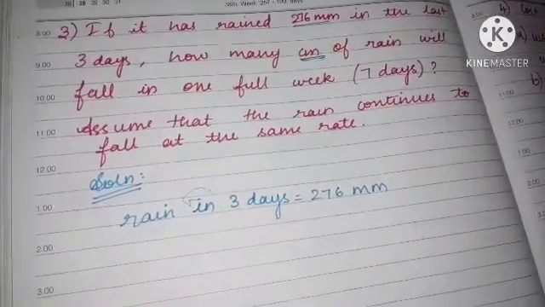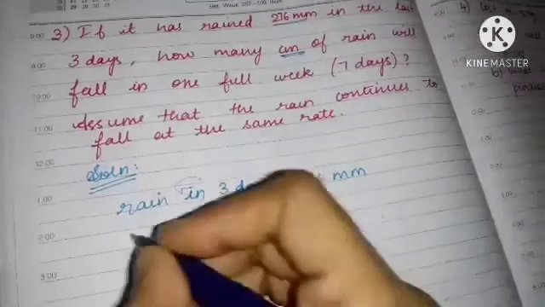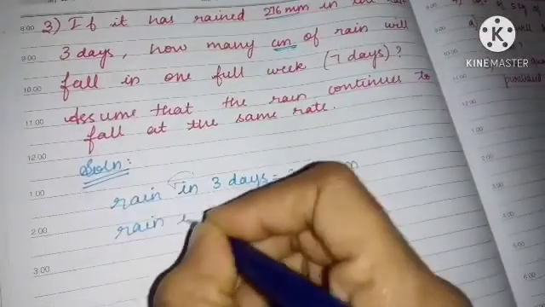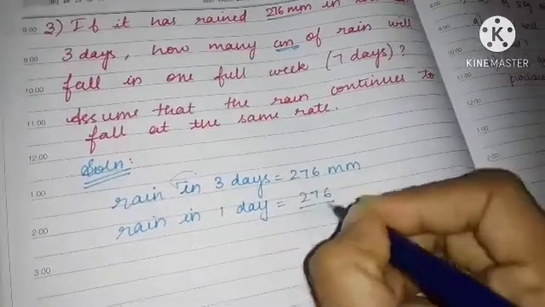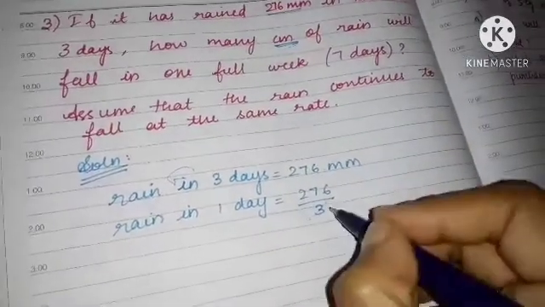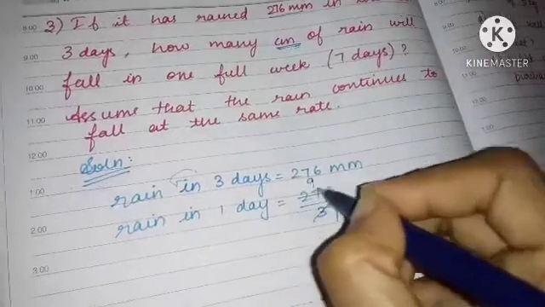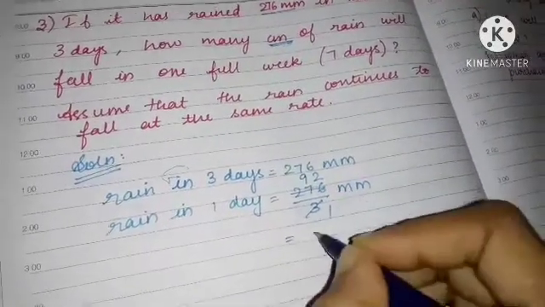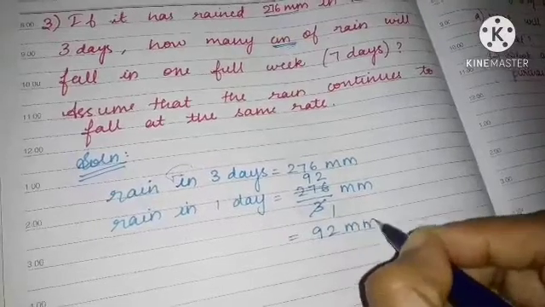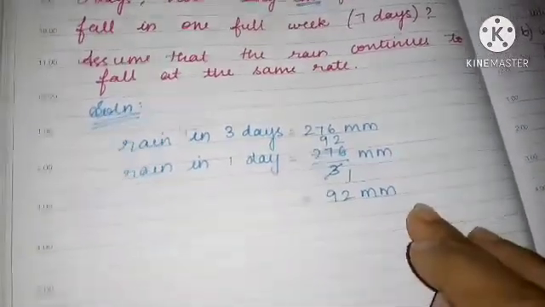So if you want to find the rain in 1 day, rain in 1 day is equal to 276 divided by 3. 3 ones are 3, 3 nines are 27, 3 twos are 6. So in 1 day, how many millimeter rain is he getting? 92 millimeter rain he is getting.